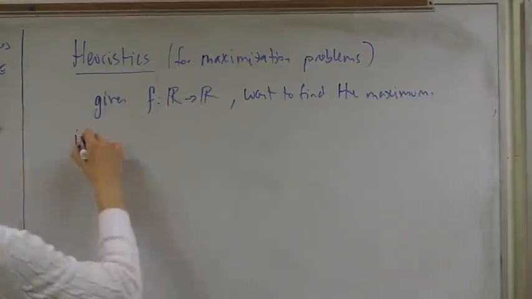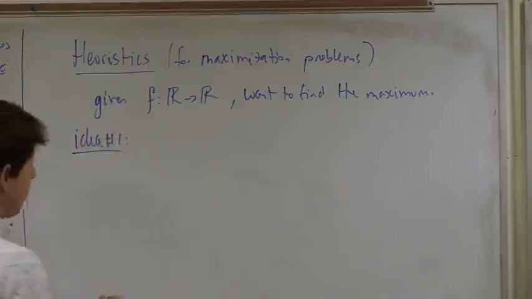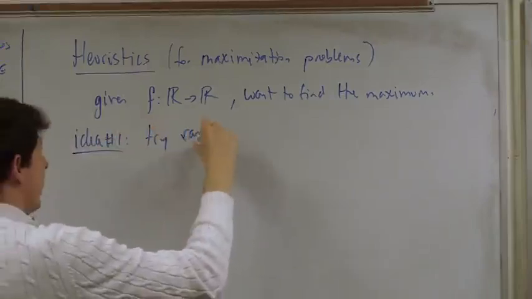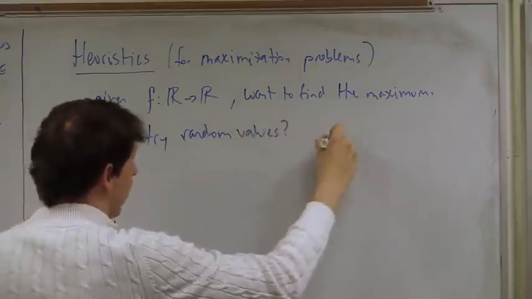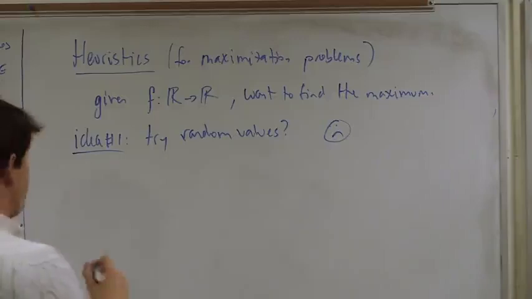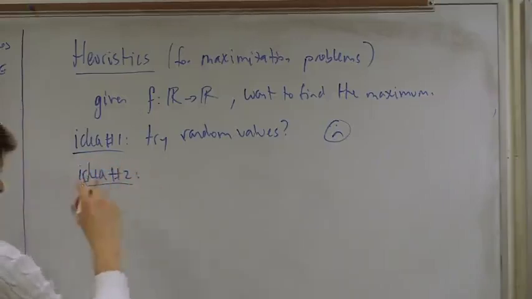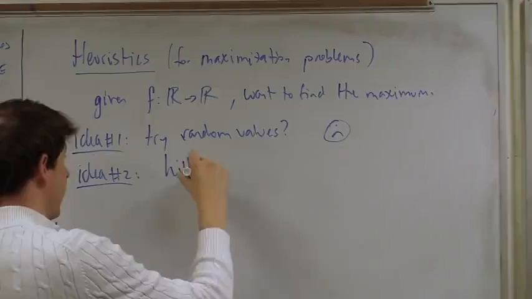Now, one potential idea you could say is to try random values. That doesn't seem to be such a good idea, right? So it will take probably a while for you to find a maximum. So the idea that you're probably more familiar with is hill climbing or gradient ascent.